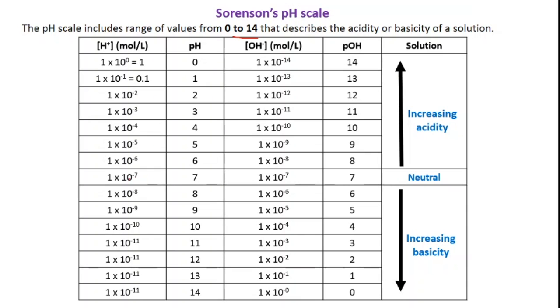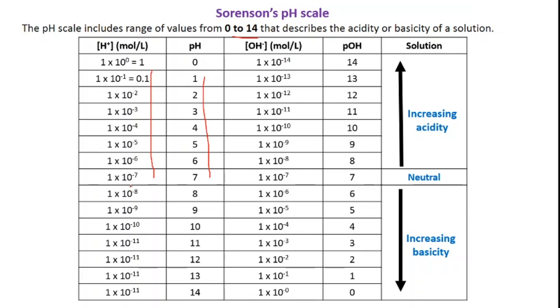So as the concentration of H plus ion increases, the value of pH decreases and the solution becomes more acidic.